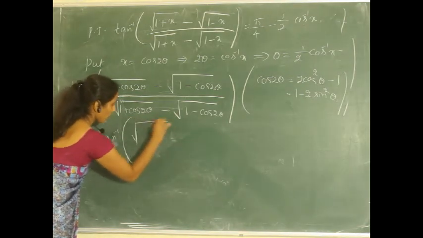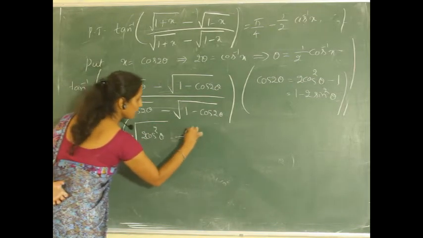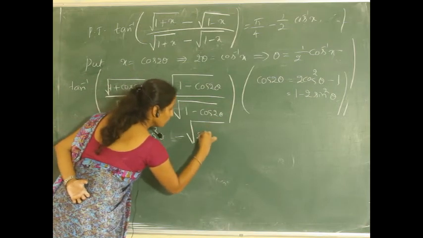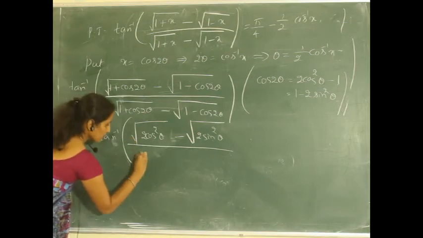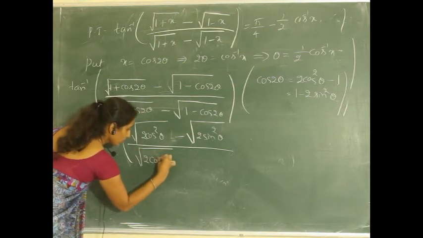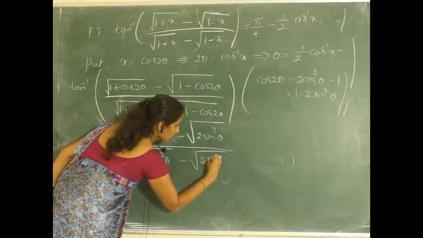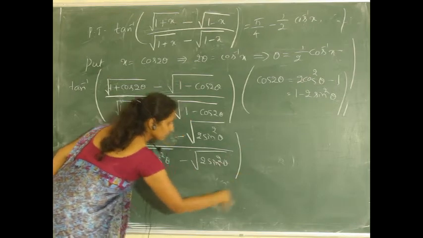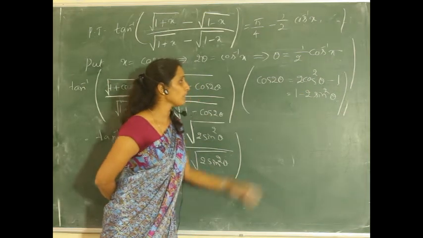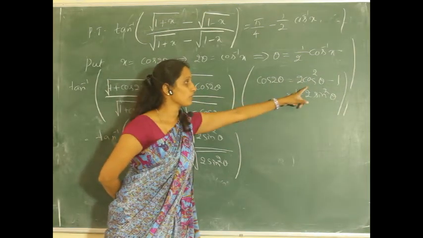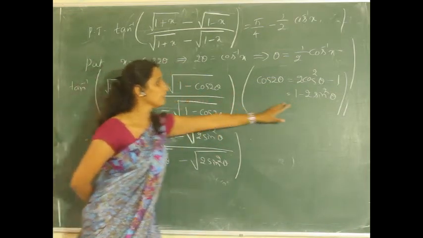So that is equal to tan inverse of square root of 2 cos square theta minus square root of 2 sin square theta, whole divided by square root of 2 cos square theta plus square root of 2 sin square theta. We have just used the two formulas of cos 2 theta: 2 cos square theta is 1 plus cos 2 theta, and 1 minus cos 2 theta is 2 sin square theta.